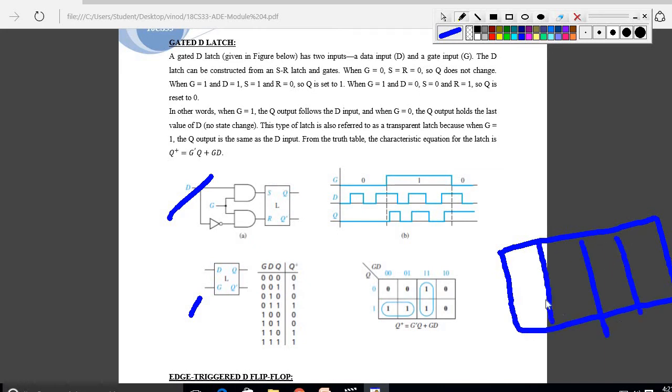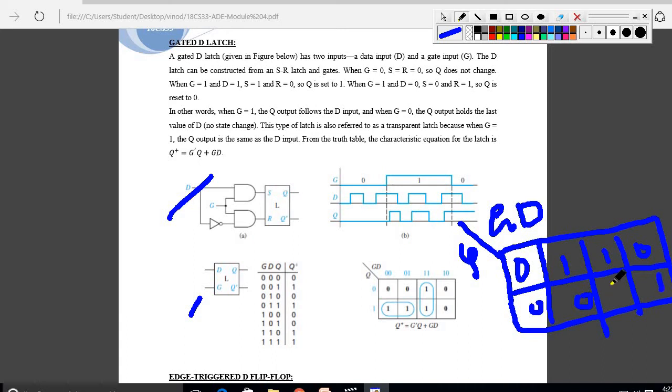So what is the output you have to obtain when you draw this Q and G, D? First I am writing 0, next I am writing 1 here, and next 0 and 1 here, 0 1 0 1, and after that 0 0, right?